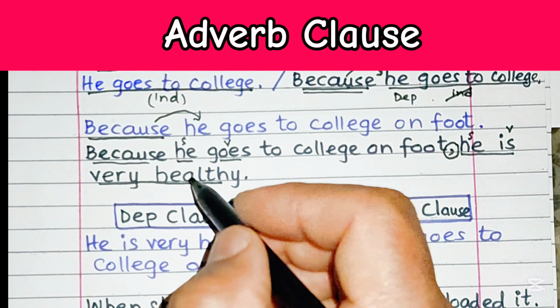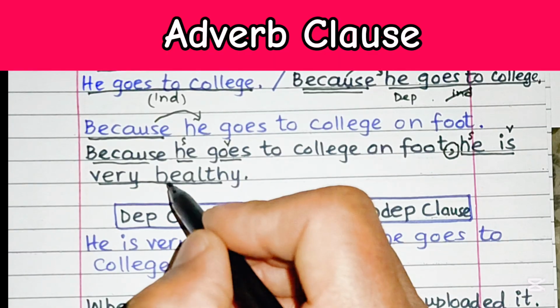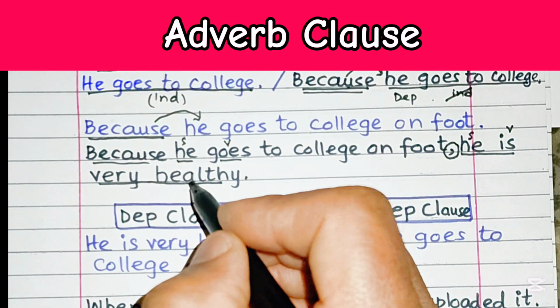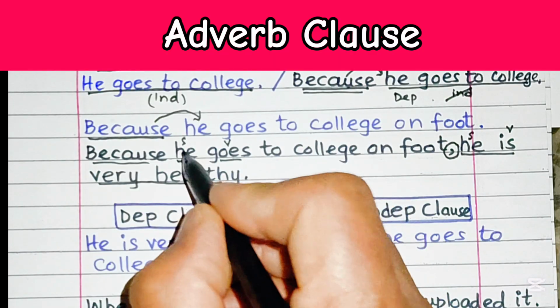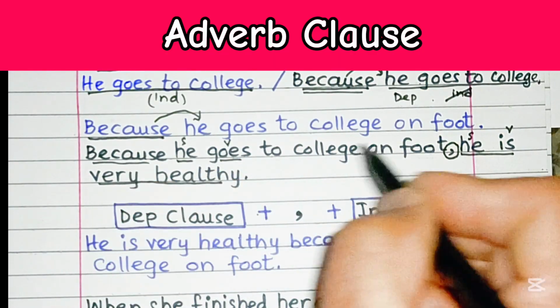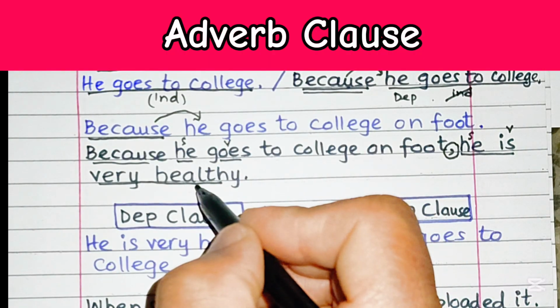That makes this a complete thought, because we have got he as a subject and goes is a verb, and this is dependent. Then he is very healthy, again this is subject and this is verb, and it is independent.